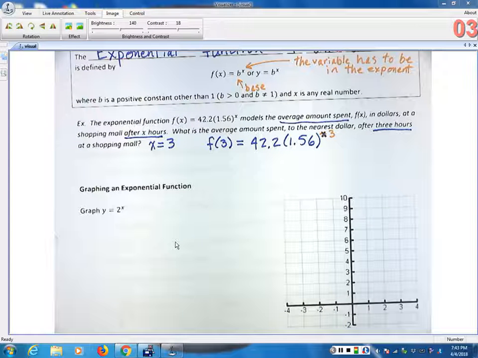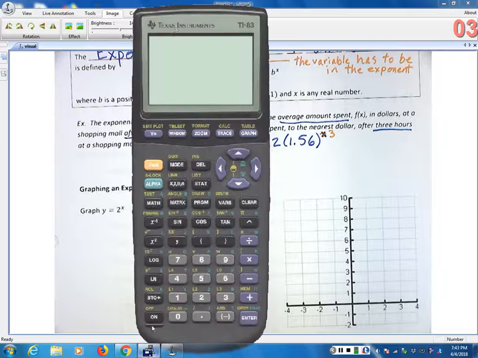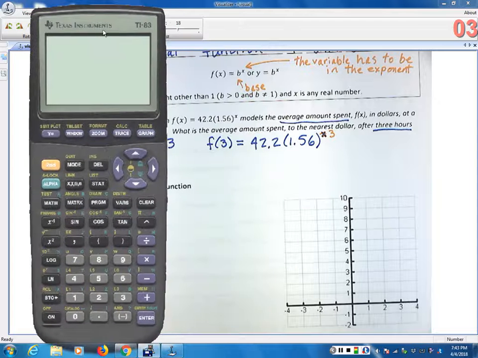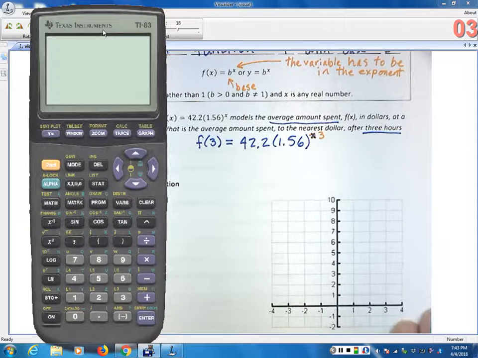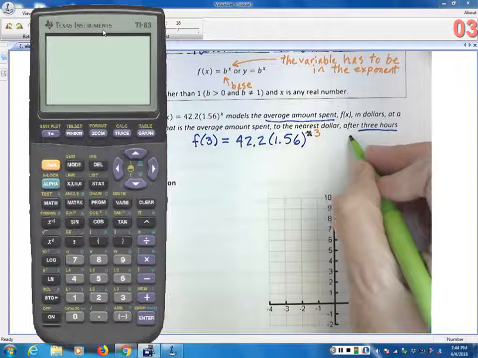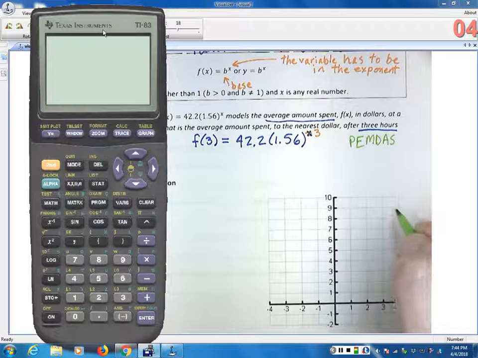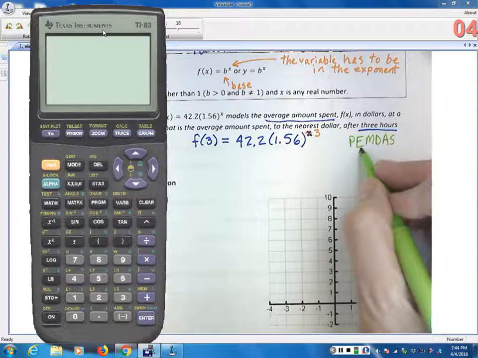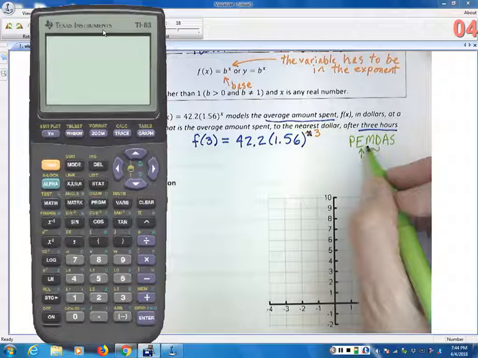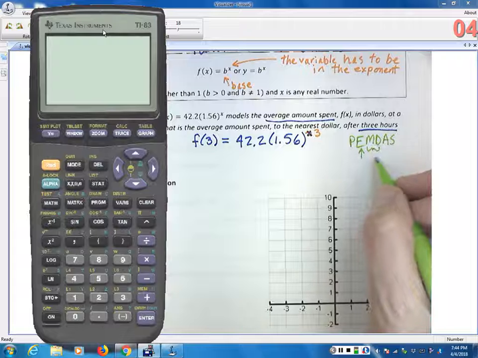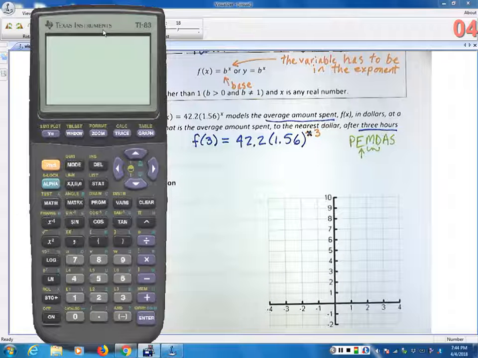Okay, so we're going to bring our calculator up. We're going to do this on a calculator. And I reminded my class this morning, you guys have a favorite Aunt Sally, who helps you with order of operations. Please excuse my dear Aunt Sally. So obviously you do exponents first, and then you do multiplication, division, left to right. If division's to the left of multiplication, you'll do it first.